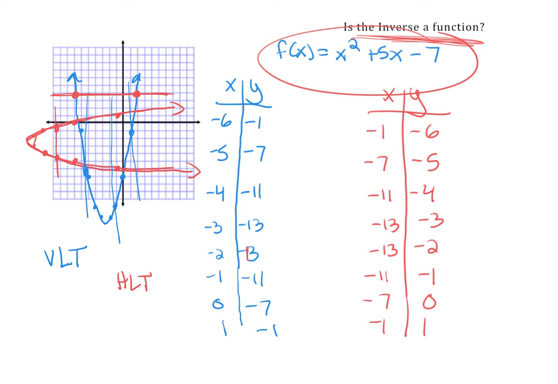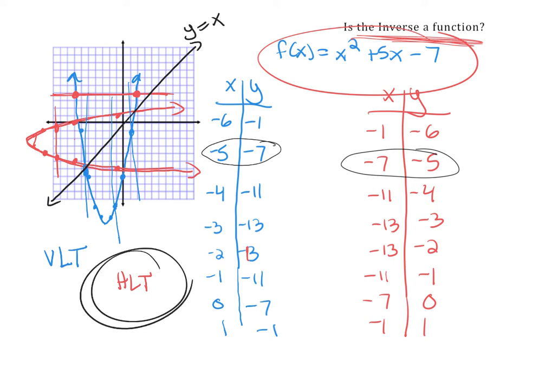And the inverse graphs are actually a reflection over the line y equals x. So this example is really just to show the visual of flipping the x and the y and how the graphs reflect, and that horizontal line test. So if you draw a horizontal line, you can determine if the inverse is a function or not.